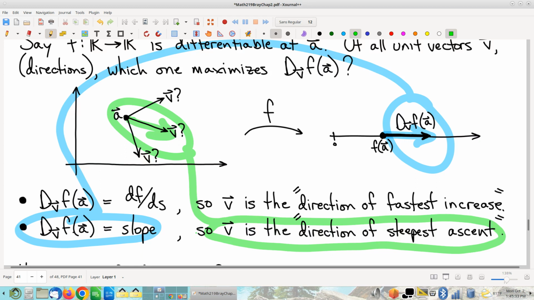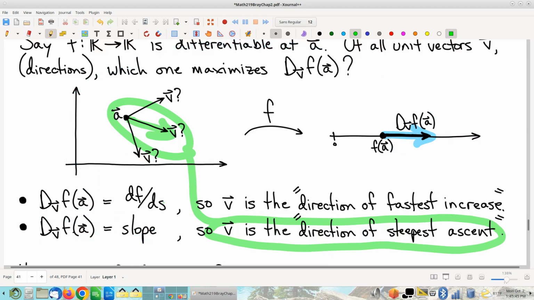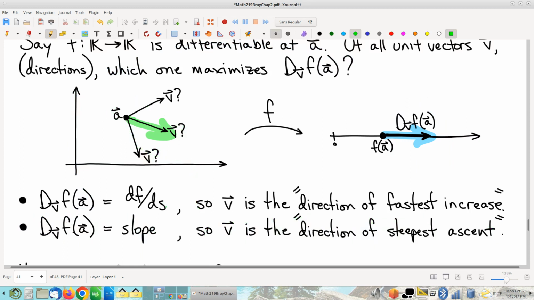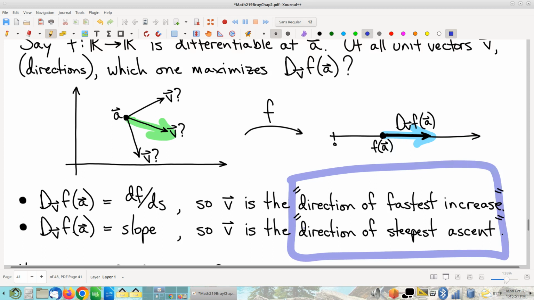So in which direction should I go so that the graph is increasing as steeply as possible? All right. So two different terms that you could describe the answer to this question with. I will point out, by the way, that of these two candidates, the one that is most common, at least in my experience, is this one right here, direction of steepest ascent. You're going to hear that most of the time.